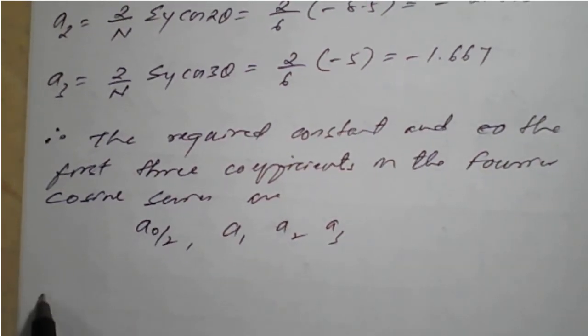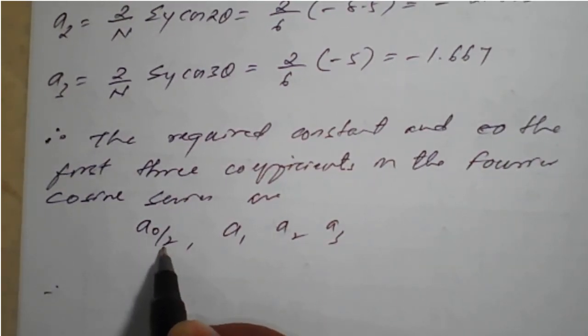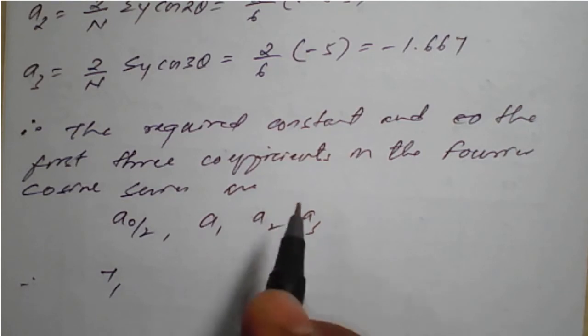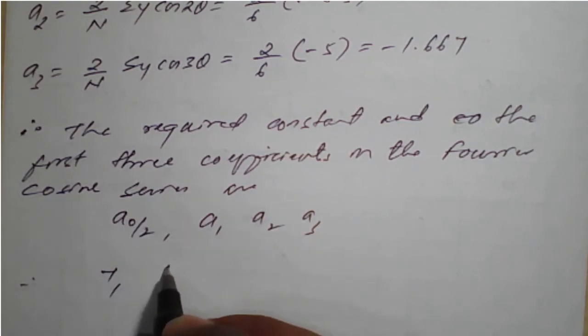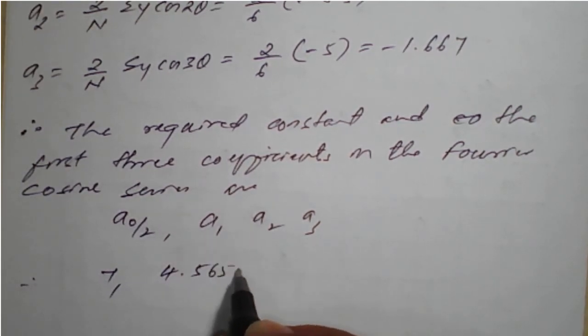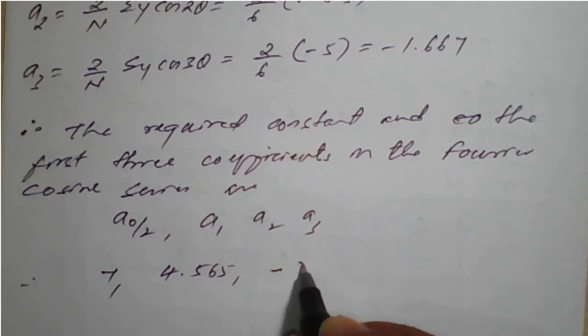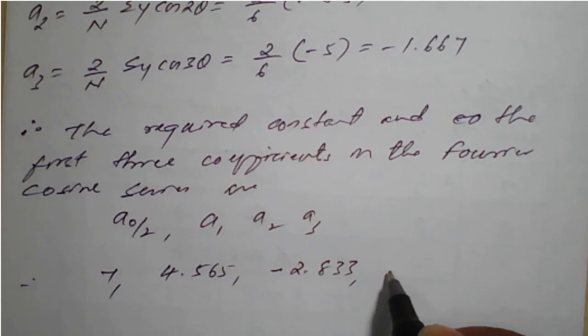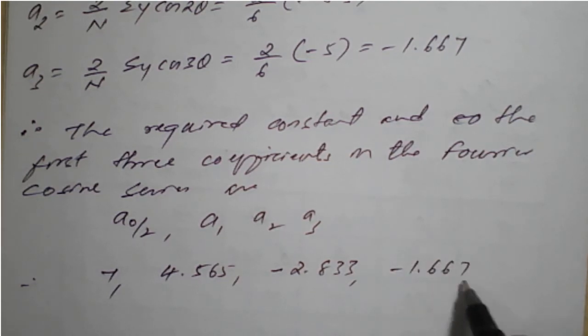So the values are: a0 upon 2, 14 upon 2, it will become 7. The a1 value we got is 4.565, the a2 value is minus 2.833, and the a3 value is minus 1.667.